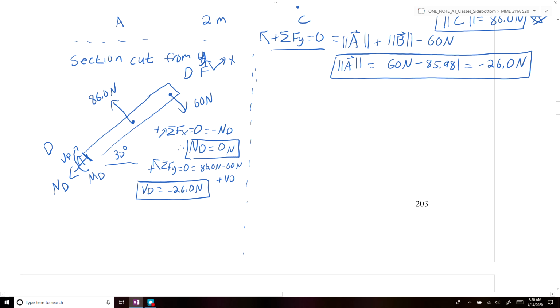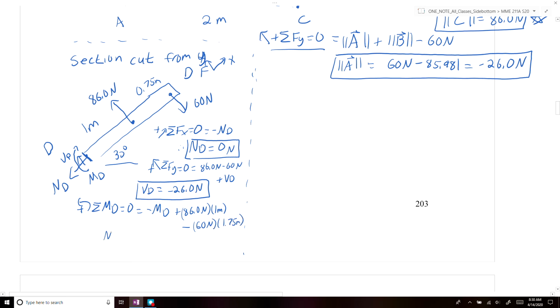Alright, and then the sum of moments about point D, set equal to 0, we'll get minus MD plus 86.0 newtons times 1 meter minus 60 newtons times 1.75 meters.